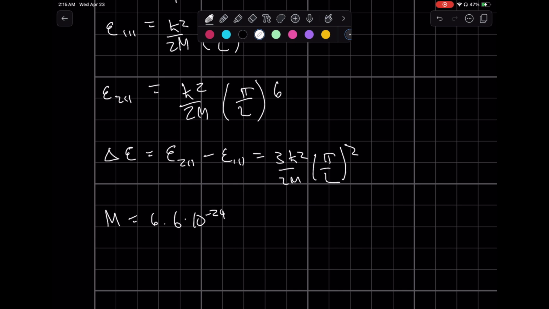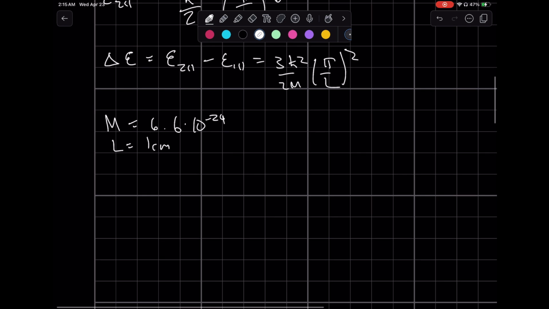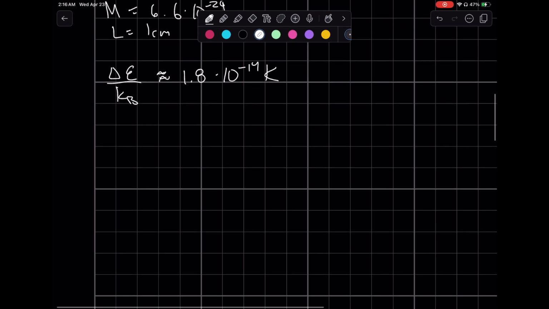We'll call L 1 centimeter. And if we do this, we get delta epsilon over kB is about 1.8 times 10 to the negative 14 Kelvin.